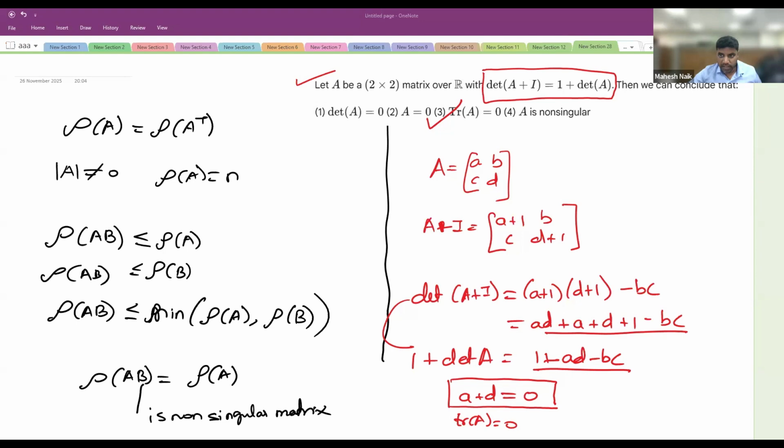Okay, one more example we'll take. One second, just pick up the example.